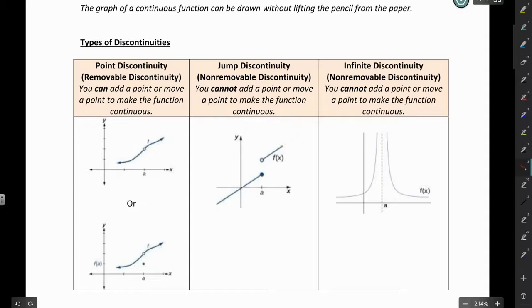I do. So that jump discontinuity is non-removable. And the last kind is infinite discontinuity. That's also non-removable discontinuity. You cannot add a point or move a point to make the function continuous. We're going to go up this side of the graph, we have to lift our pencil from the paper, and there's nothing we can fill in to continue drawing the graph.